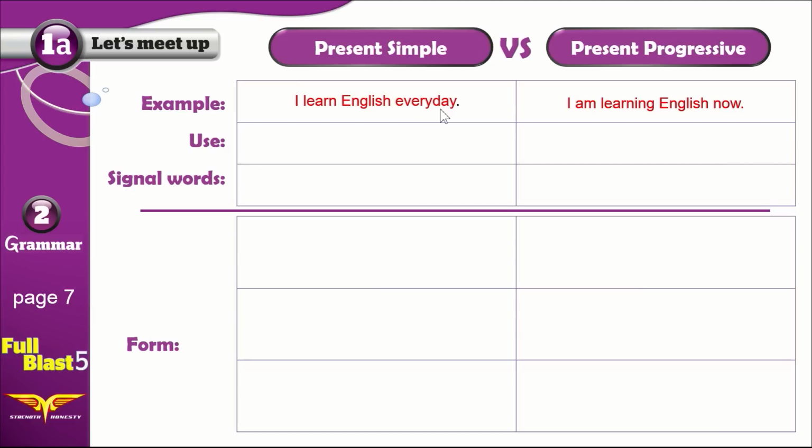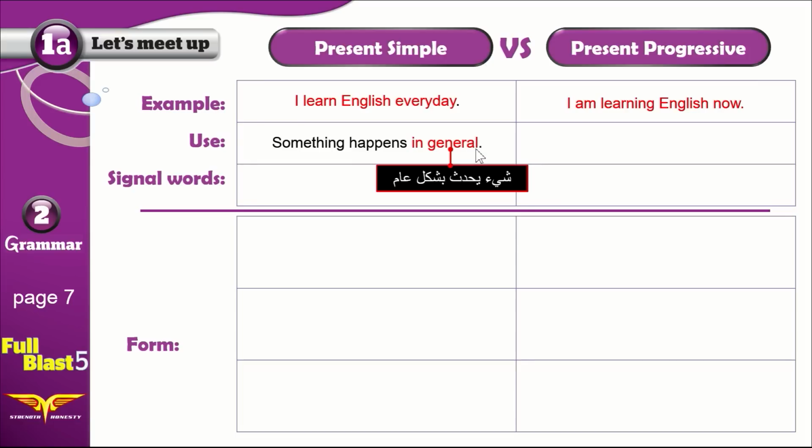Now let's talk a little bit about the use. When do we need to use present simple like this one, and when do we need to use present progressive like this one? Look, if you are talking about something that happens in general, then you have to use present simple.